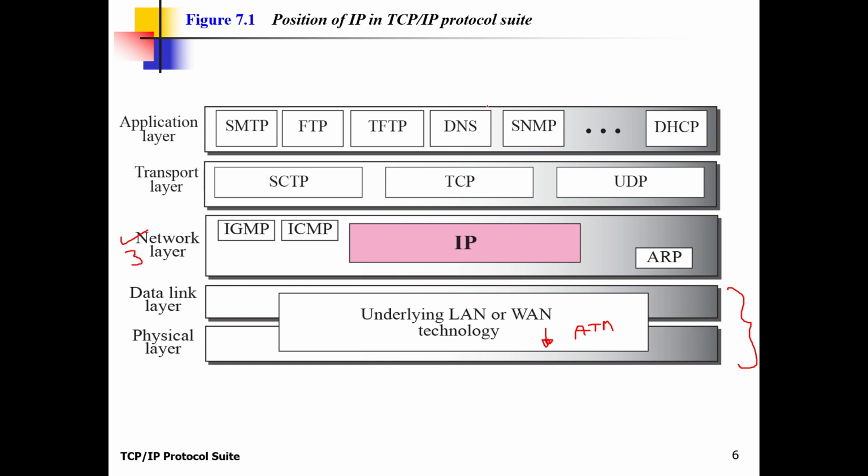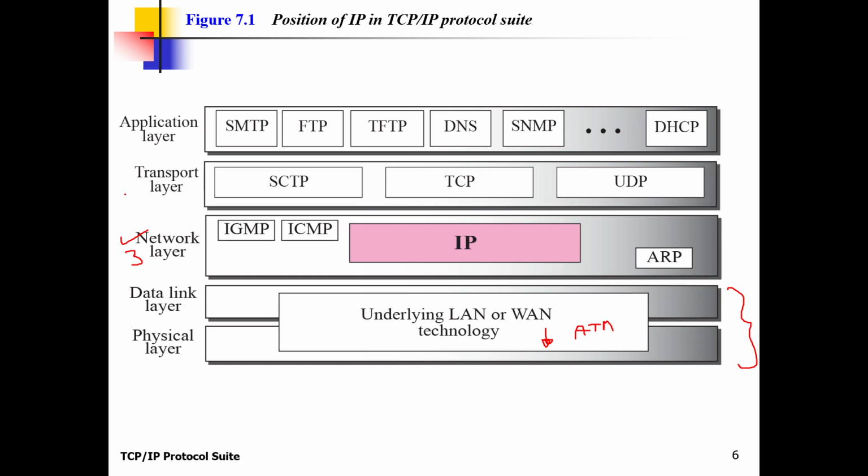In the TCP/IP stack, we have multiple protocols running on layer 3 for different functions. The major one is the IP protocol, which we're going to talk about in this section. Then we're going to talk about ARP. We'll talk maybe next lecture about ICMP and IGMP. All of these are running on the network layer.